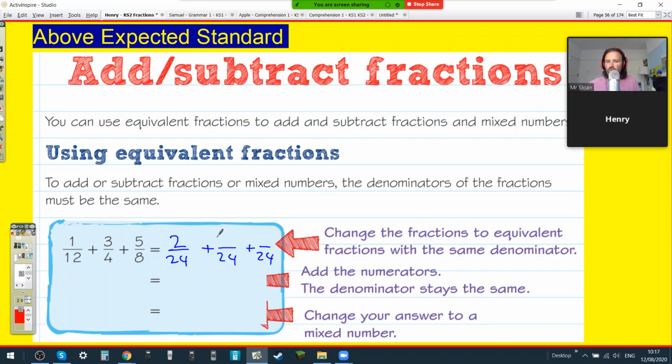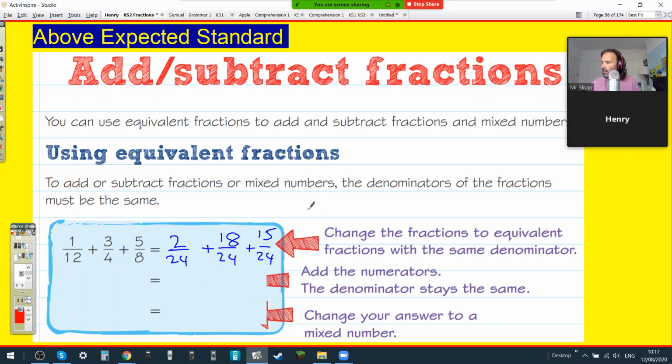So then 3 times 6 is 18. And then 8 times 3 is 24. And then 5 times 3 is 15.